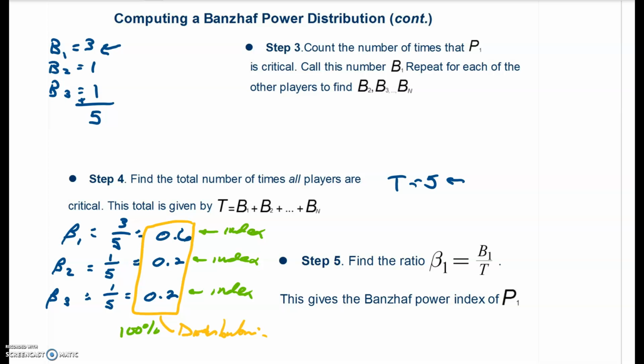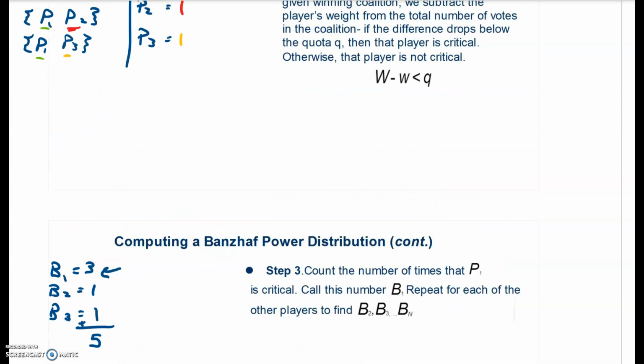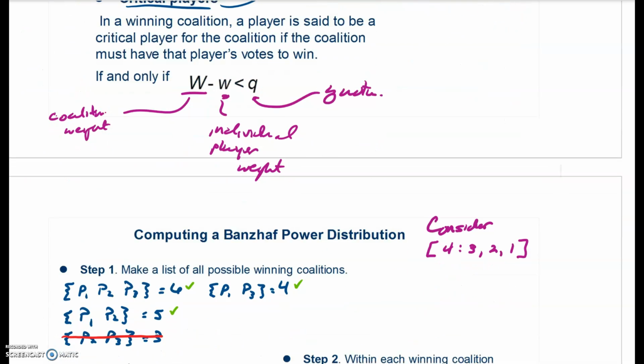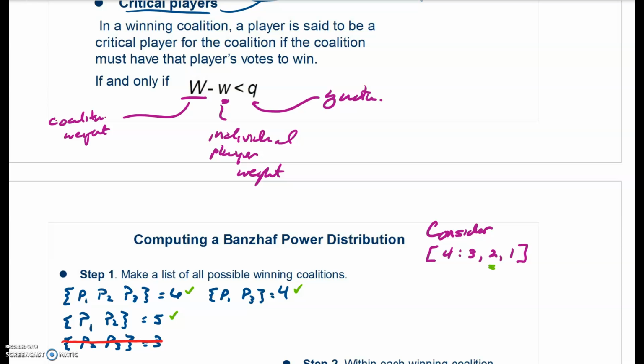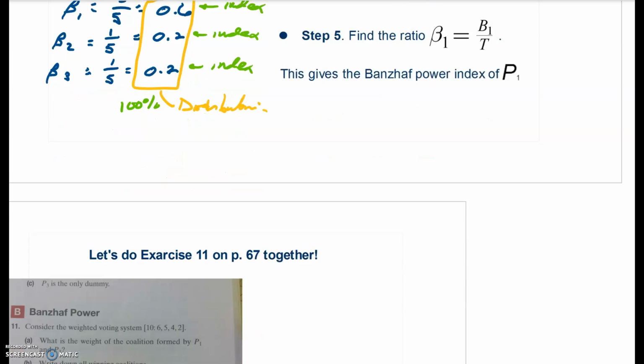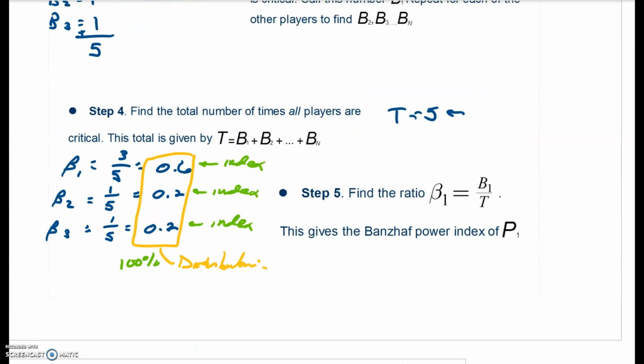In addition to that, notice that if we go back to the original weighted voting system, player 2 has twice as many votes as player 3, but according to this Banzhaf power distribution, player 2 and player 3 have the same amount of power.